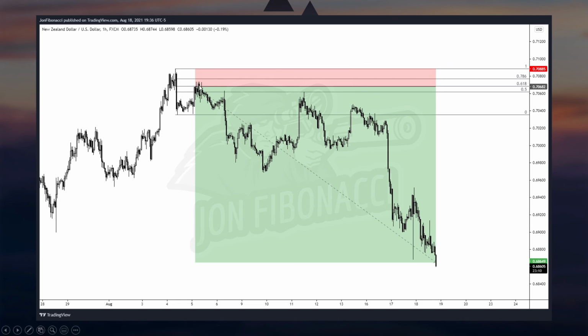Okay, and then now that we're on a 1 hour, we see what the market has done from around August 4th, 5th, all the way until today, which is the 19th. All right, so this, I believe, is a 1 to 10 at the moment. So again, not a trade that I took. I didn't hold it this long, but just showing you the significance of the higher time frame bias and what it can do on the smaller time frames.